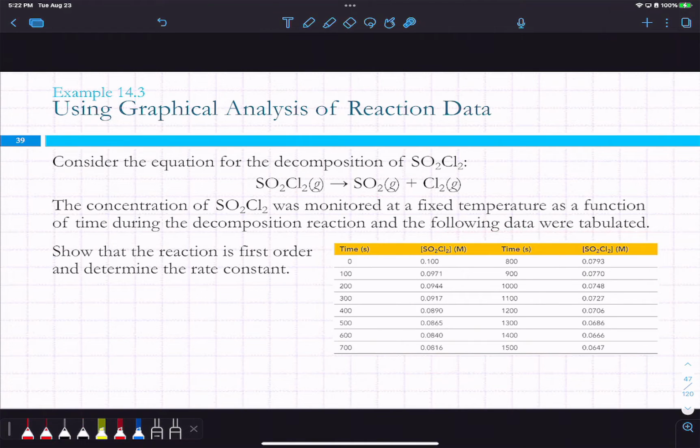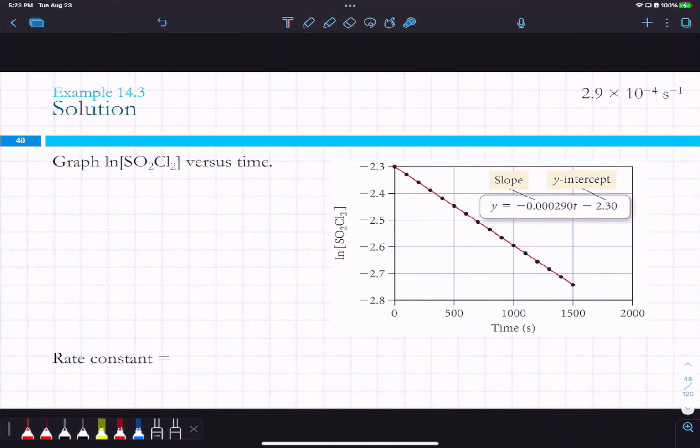We've got the SO2Cl2, or the sulfuryl chloride concentration, right, from 0 seconds all the way up to 1,500 seconds. So what we can do to show that this is first order by graphing is we take the natural log of all of the concentrations, and then we plot those versus time. And if it's first order, you'll get a perfectly straight line.